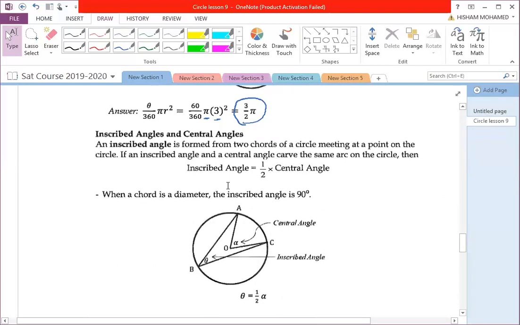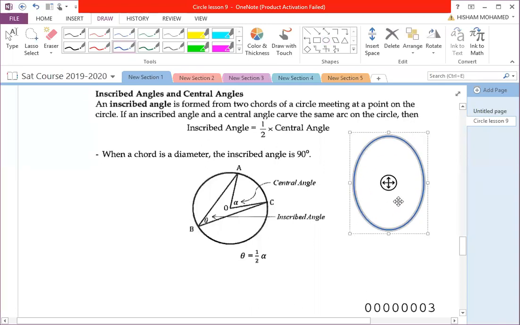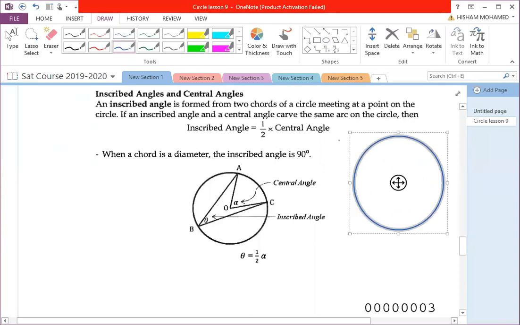Another title, inscribed angles in the circle and the difference between central angle and inscribed angle. If you have a circle and you have a point on it and you join between two chords, these are not diameters, this angle is called an inscribed angle.